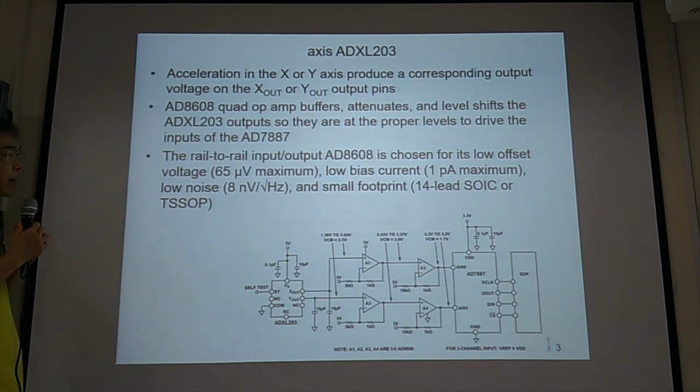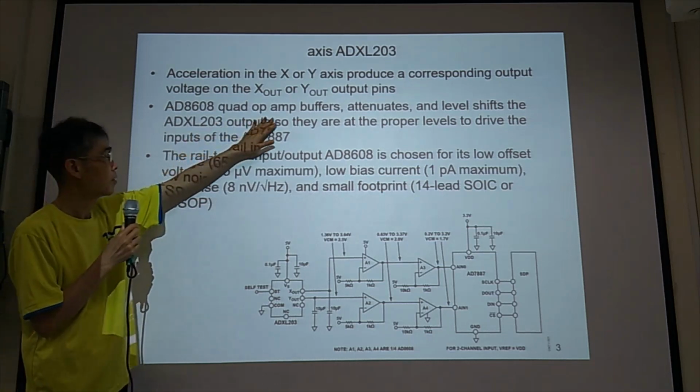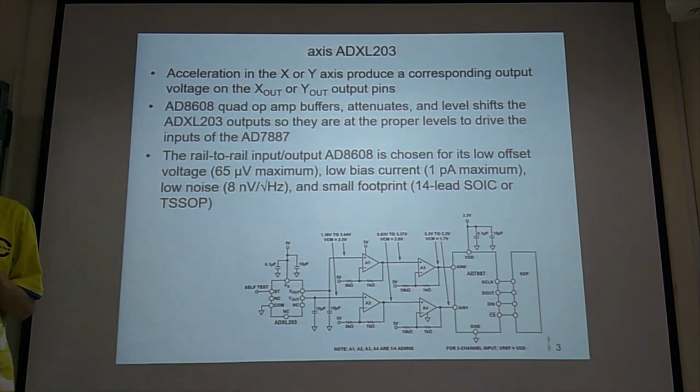Then we need a buffer, because the output range of the sensor does not match the input range of the analog digital converter. So we need a buffer to convert the output of the accelerometer to the input range of the analog digital converter. That's the purpose of this buffer.